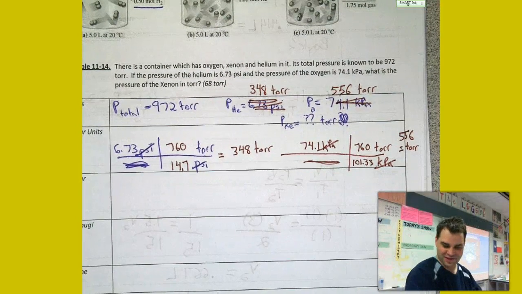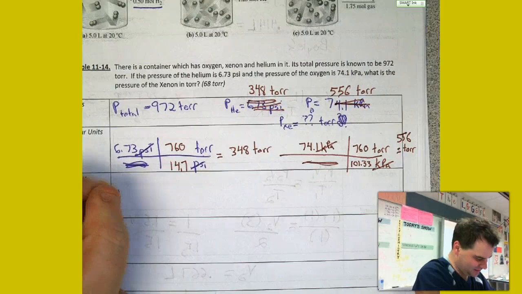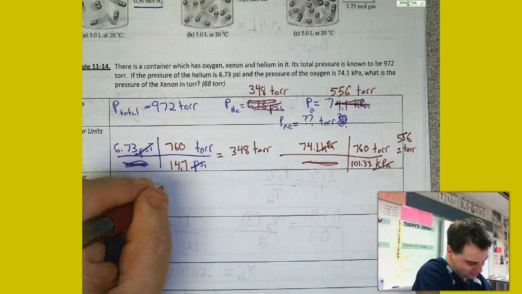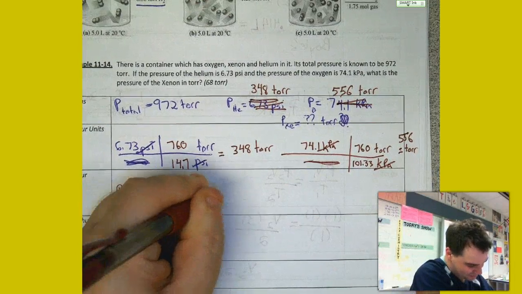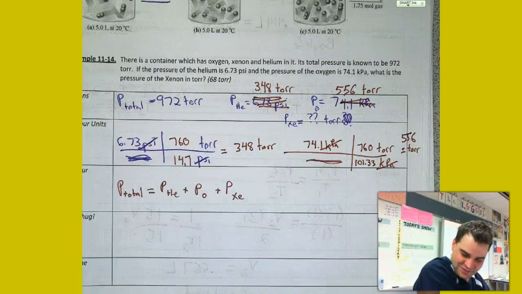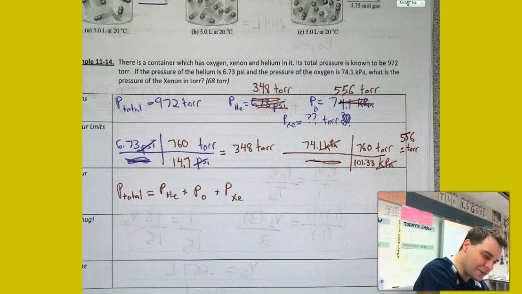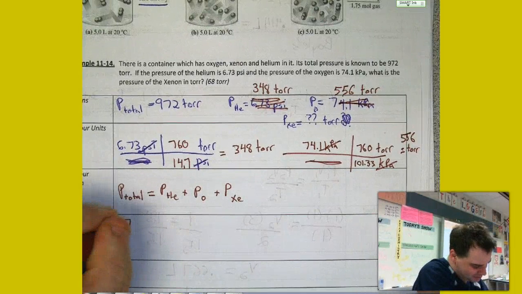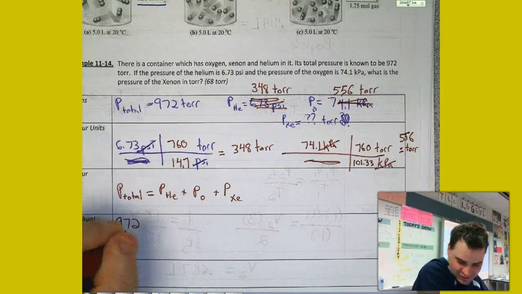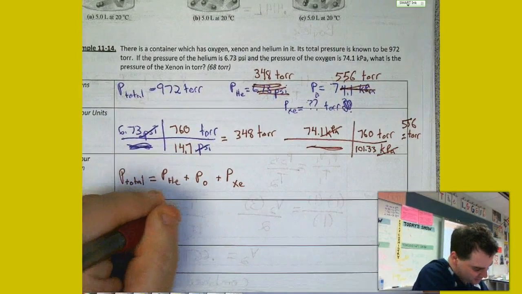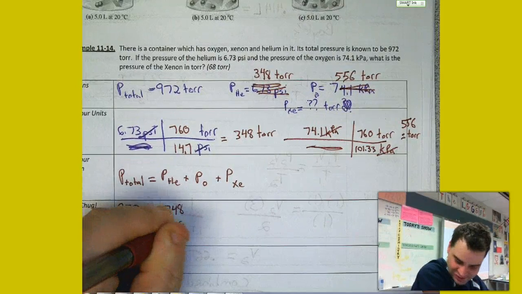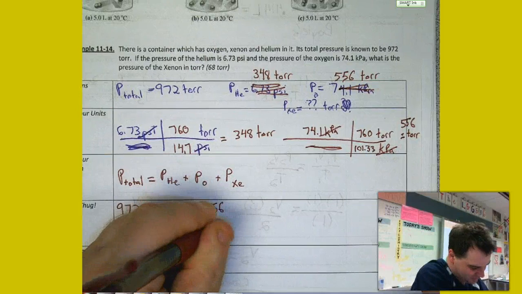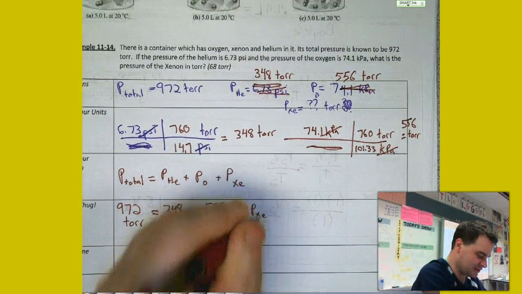So the equation I am going to use is P total equals P of helium plus P of oxygen plus the pressure of xenon. You take the individual pressures and sum them together to get the total pressure. So this is 972 torr, and this is 348 torr, and this is 556 torr, and we're going to get the pressure of xenon.